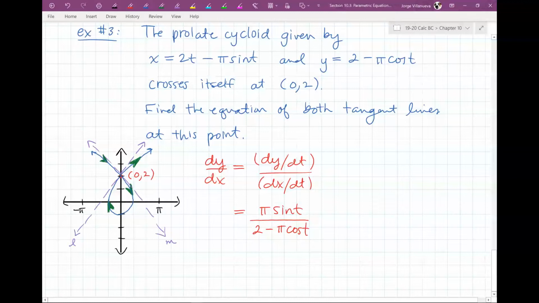So my y value is 2. So 2 equals 2 minus pi cosine t. So 0 equals negative pi cosine t, or 0 equals pi cosine of t, or 0 is equal to cosine of t. Well, when are we going to get a 0 for cosine?